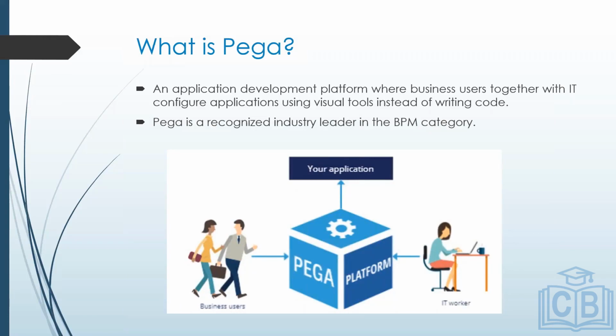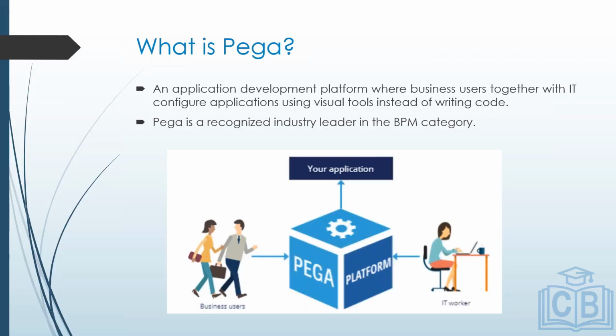And when I talk about those business users working with IT, we business architects will be closely working with the development team. There's always a close coordination between the business team and the IT team. And obviously we know it's a low code platform where you don't need to write much code. Most of it deals with the visual tools.